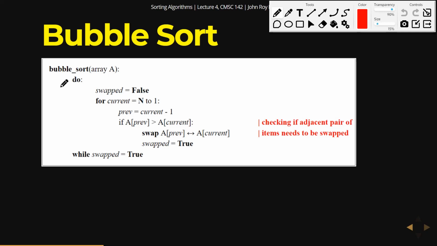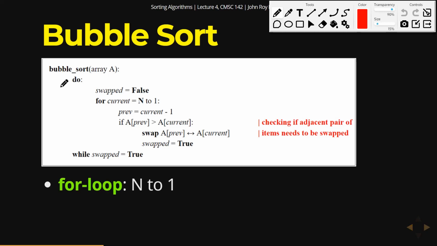So if the previous is bigger than the current, we need to swap them, and then we'll set the swap flag to be true so that we can repeat this again, and then we'll do that all the way up to 1. So we'll look at adjacent pairs from the back all the way to the front, and then we'll do this while swap is true.